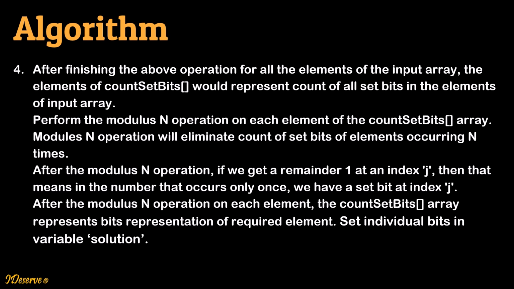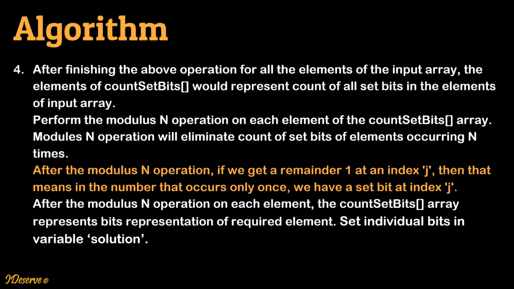Now we will move ahead with the next step of the algorithm. After finishing the above operation for all the elements of the input array, the elements of countSetBits would represent count of all set bits in the elements of the input array. Perform the modulus n operation on each element of the countSetBits array. Modulus n operation will eliminate count of set bits of elements occurring n times.